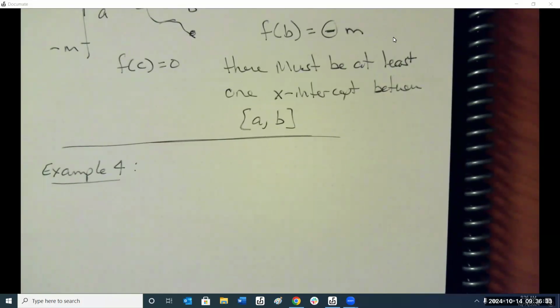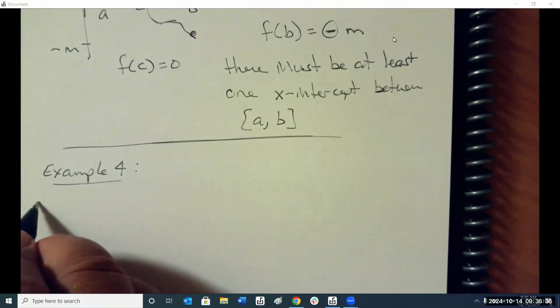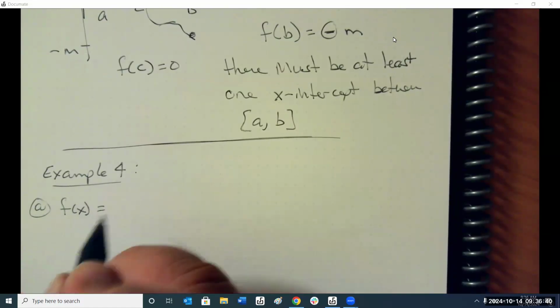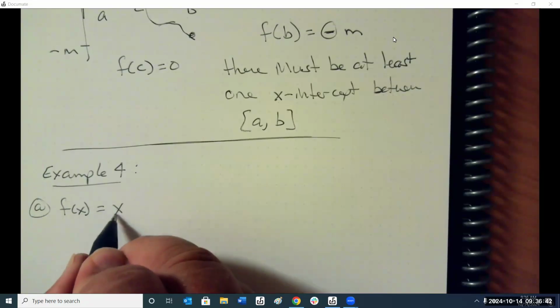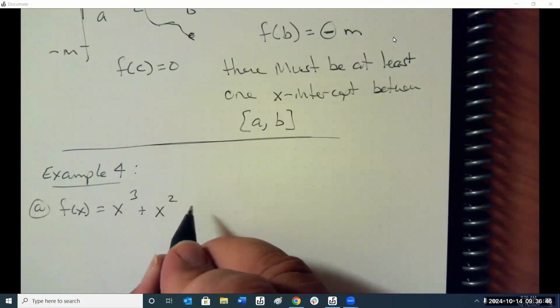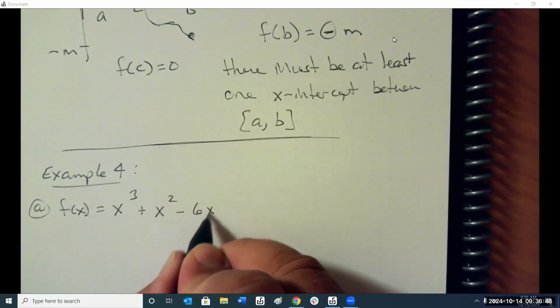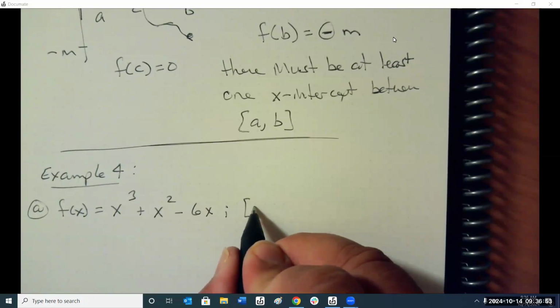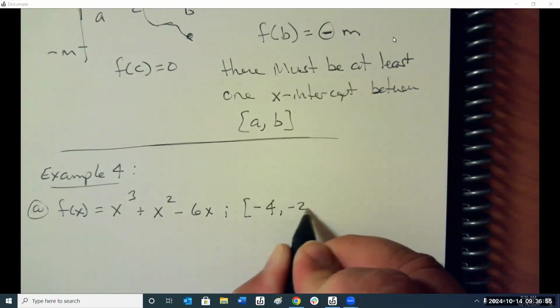Example 4, using the intermediate value theorem. F of x equals x cubed plus x squared minus 6x for the domain -4, -2.